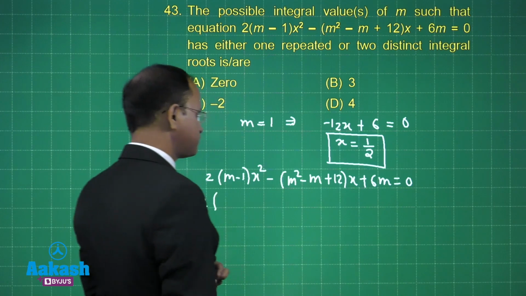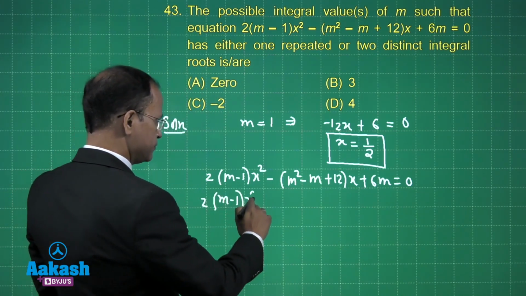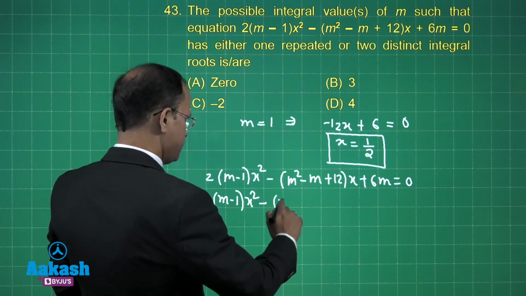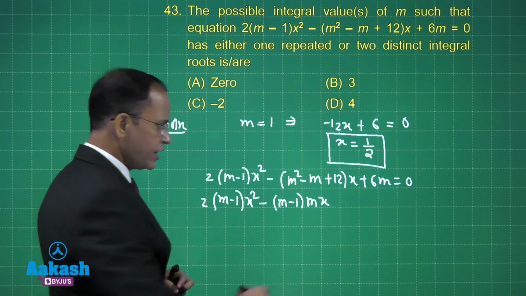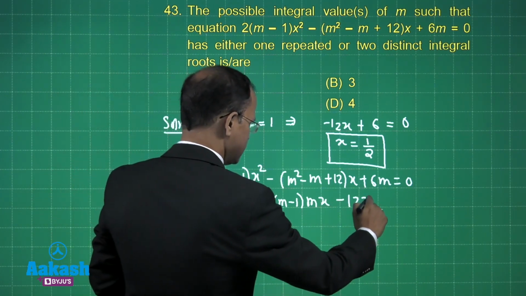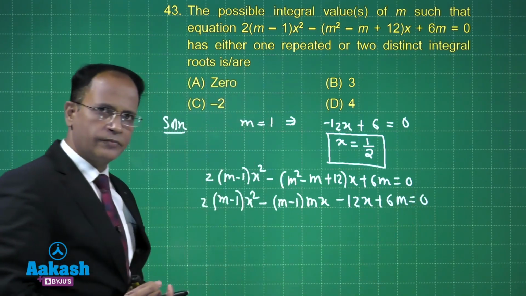We have 2m minus 1 into x square, then m minus 1 into m times x, then minus of 12x plus 6m. Can you see that?